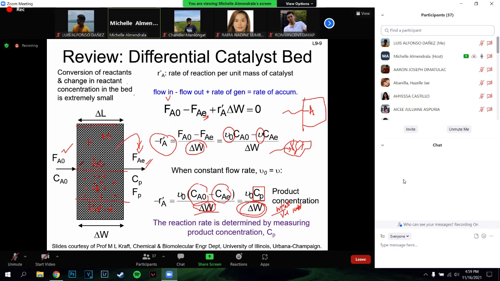That's also another question for the reactor design. There could be that question again, because the reaction rate law has to depend on the catalyst, on the active site of the catalyst.